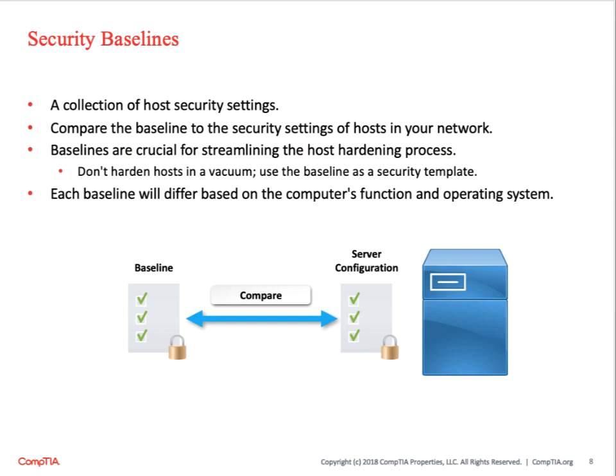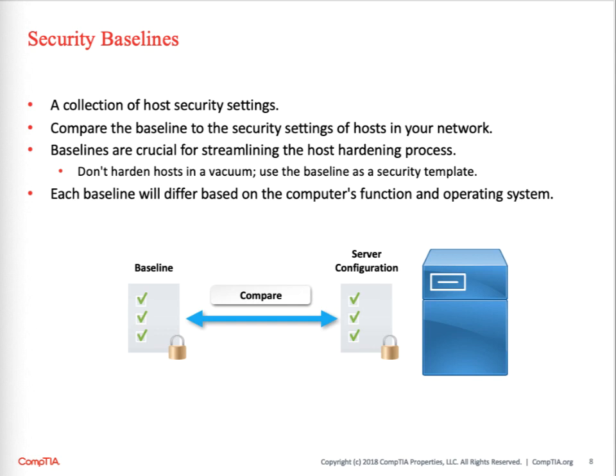After that, we have our security baselines. Security baselines are going to be a collection of security settings, right? They're going to be a crucial step to our security in our system. Constructing baselines needs to be streamlined, that way, rather than us hardening each system in a vacuum, we'll be able to draw from our baseline and use that as a template, right?